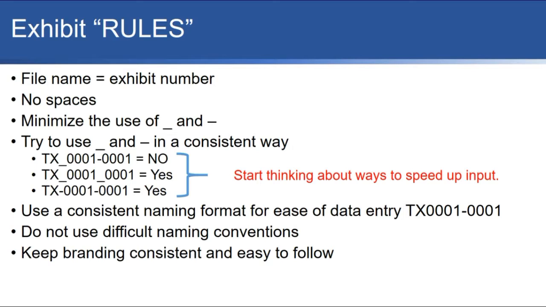The first rule is that file name equals exhibit number, so that you get a consistent load file without alias issues. When the exhibit number equals the file name, it also makes it easier to find a file for QC, troubleshooting, or exchange.